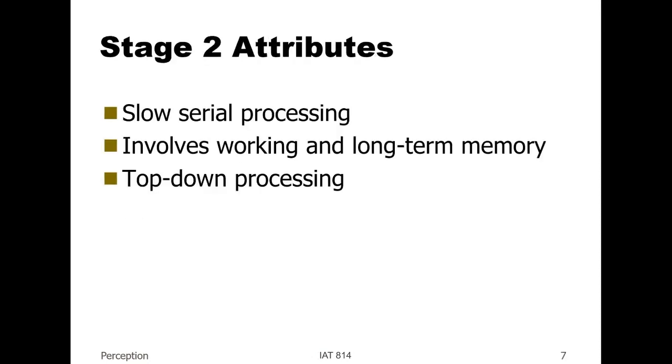Stage 2 attributes are, as I've mentioned earlier, slow and serial. The reason why it's slow and serial is that it involves working memory and long-term memory. And what goes on there is what you might call top-down processing. That is to say, the top is your conscious mind saying, I want to look at this, I want to interact with that, and it is driving what part of stage 2 is attending to the information coming from stage 1.